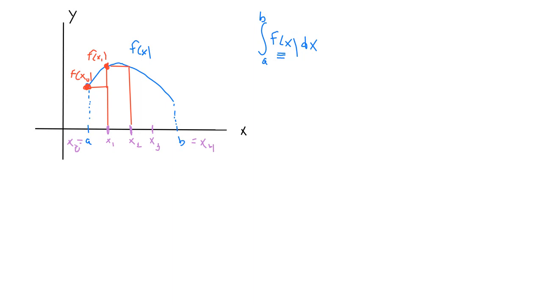For my third subinterval, I'll use the x2 endpoint, and if I do that, I get this. And then for my fourth subinterval, I'll use f of x sub 3.